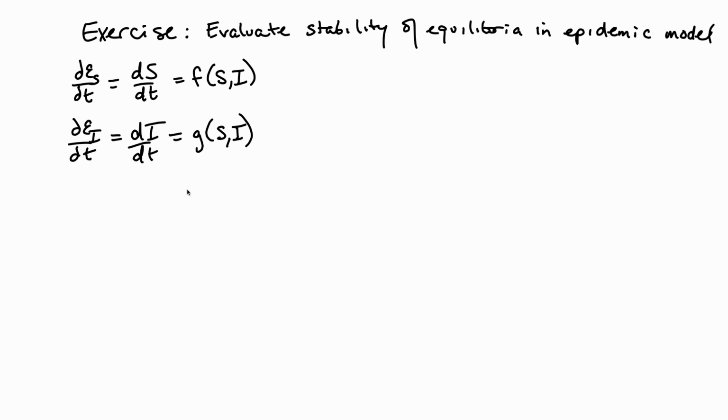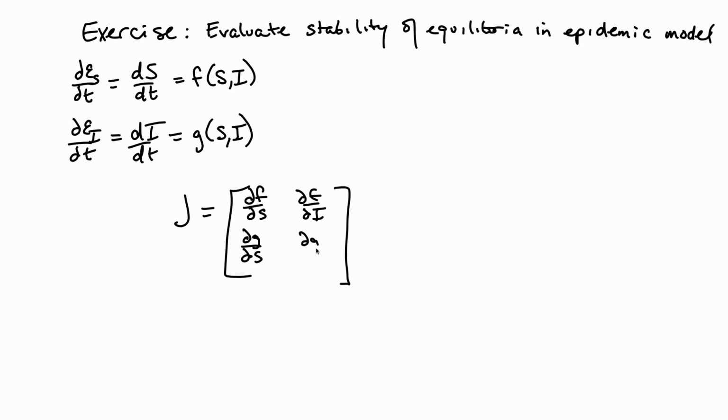In order to find the stability, you're going to need the extra equilibrium that I asked you to calculate before, and you're going to evaluate the Jacobian matrix df by ds, df by dI, and dg by ds, and dg by dI, at I hat and S hat for both equilibria.